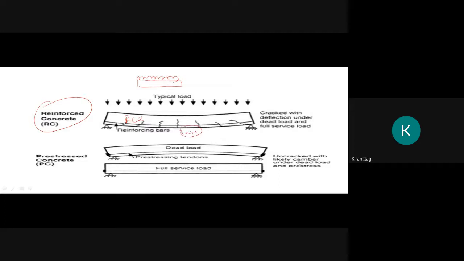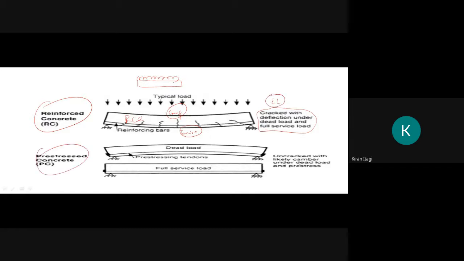I know you remember the basic things: the bottom part will be the tension and this will be your compression, correct? So here you can see the cracks formed at the tension zone. The cracks with deflection under the dead load and full service load, that is, after application of your dead and live load.